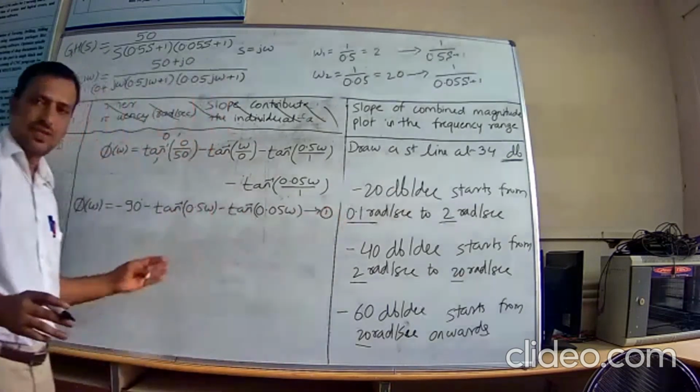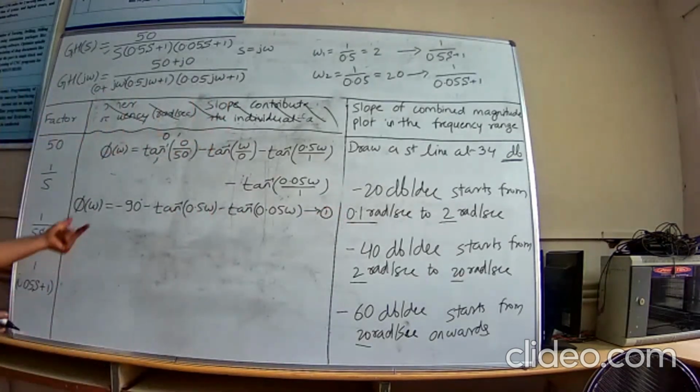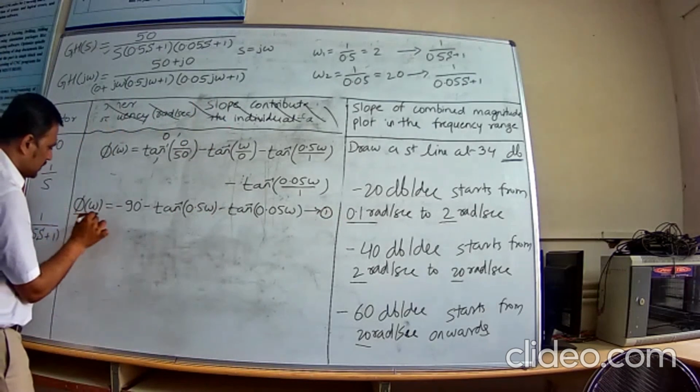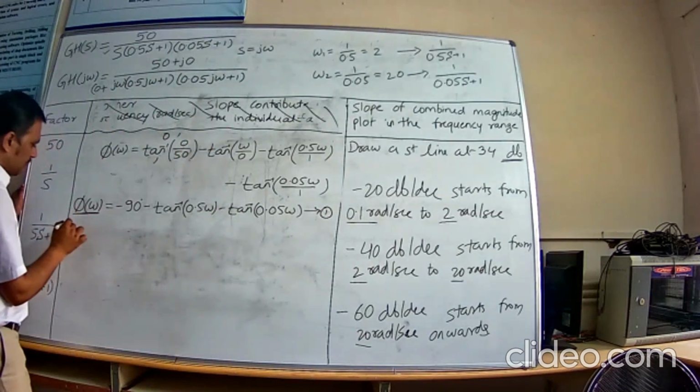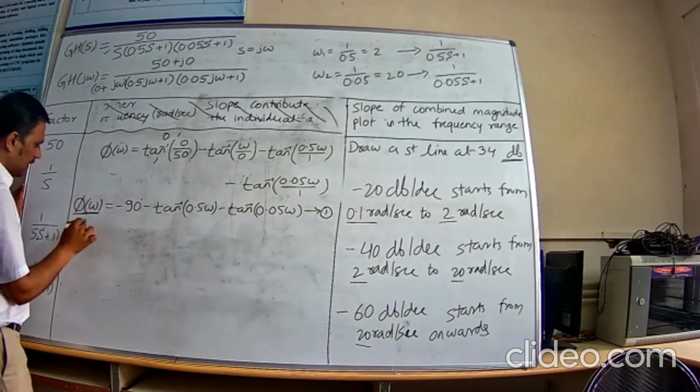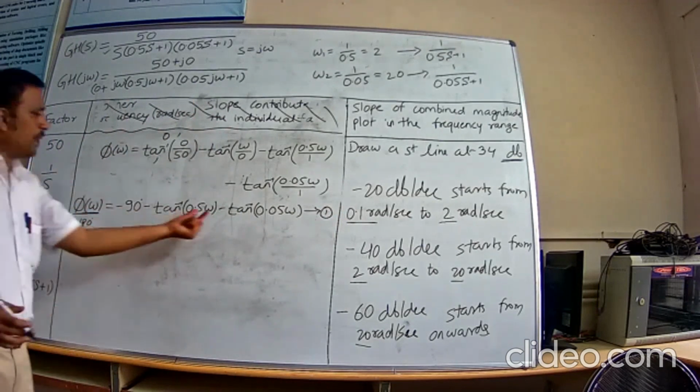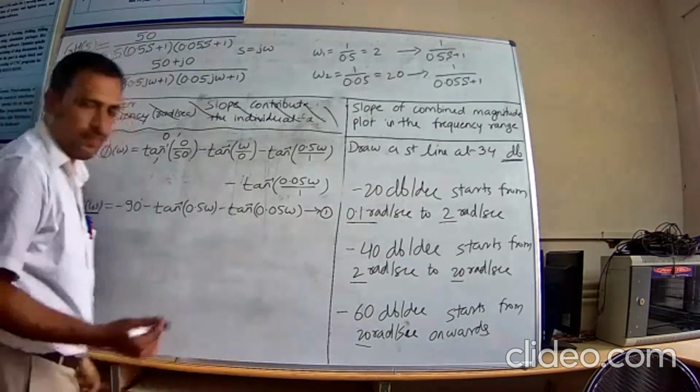After writing this equation, what we have to do? We have to equate this equation to minus 180 degrees, instead of phi of omega, and find out the omega value.